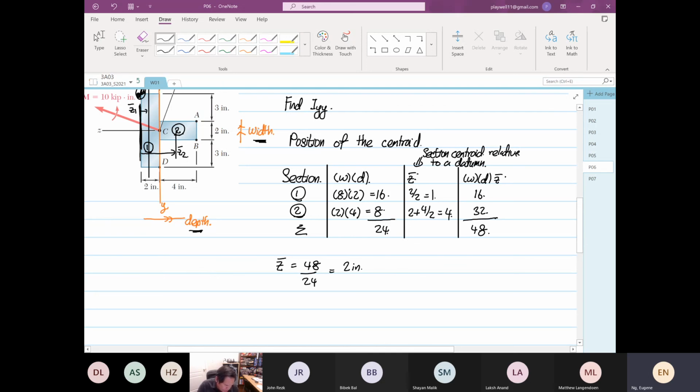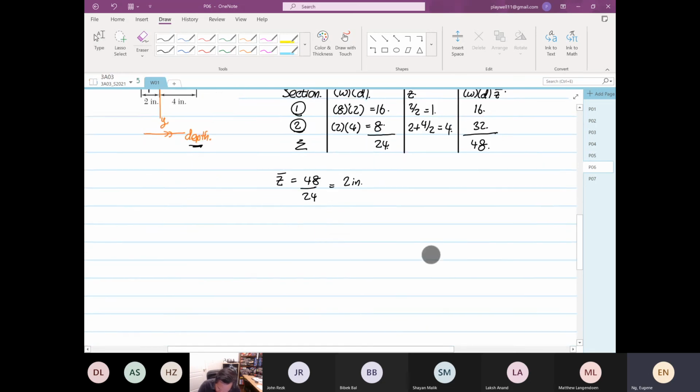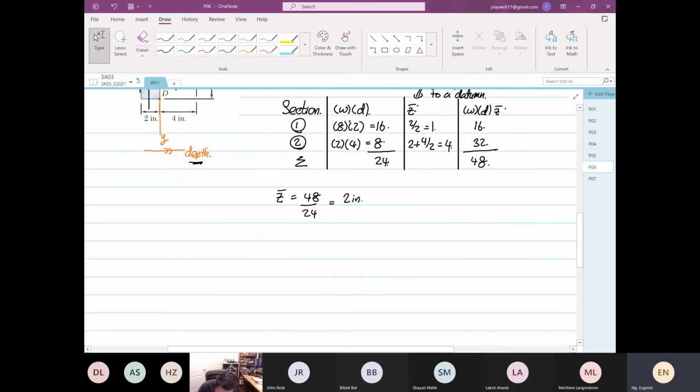Okay. So now we want to find IYY. Okay. So to find IYY is equal to width times depth cubed divided by 12 plus the area multiplied by the global centroid minus the section centroid, small z, squared.